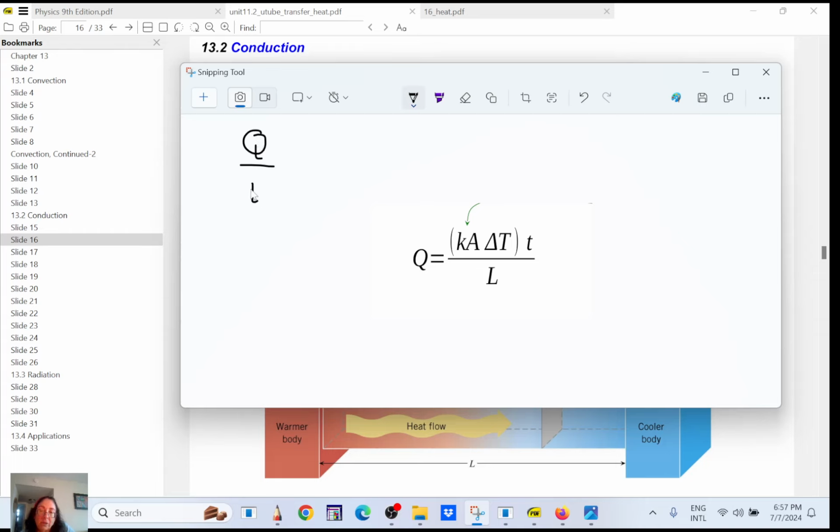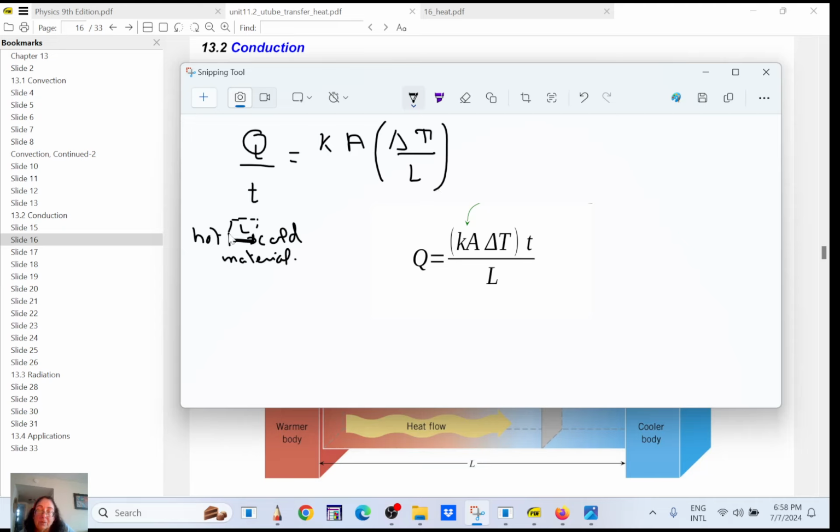The rate at which the heat is flowing from hot to cold through a material, right? That material will have a length L, and the area here is A. So how fast heat is being transferred is proportional to the area and proportional to the gradient per unit length.